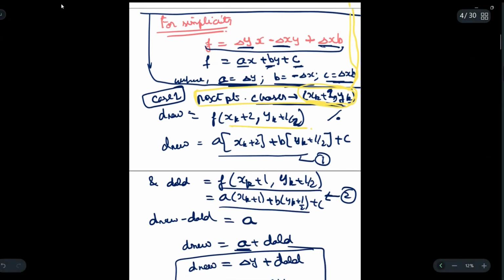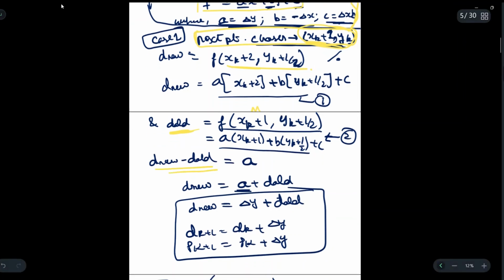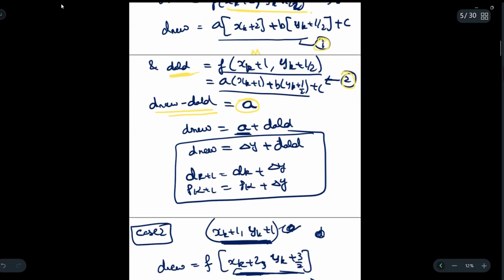And d old was the same as the older f function, in which we had simply substituted the midpoint values. From there we found d new minus d old, which comes out to be a. Now we simply rearrange them and we got the value of d new.